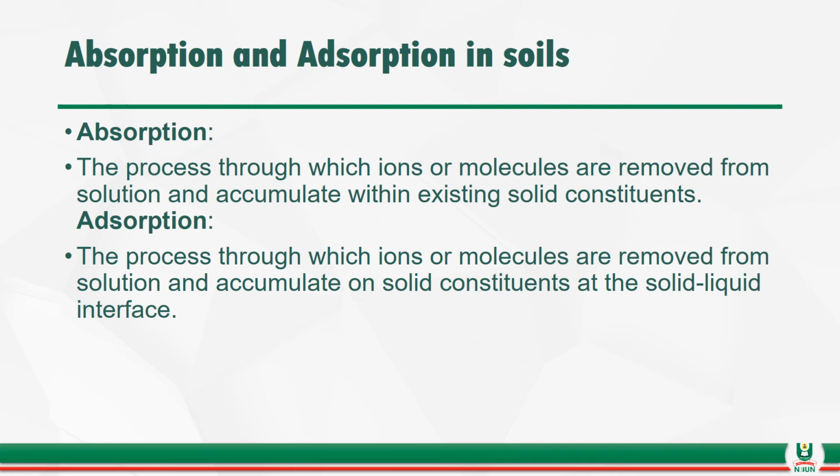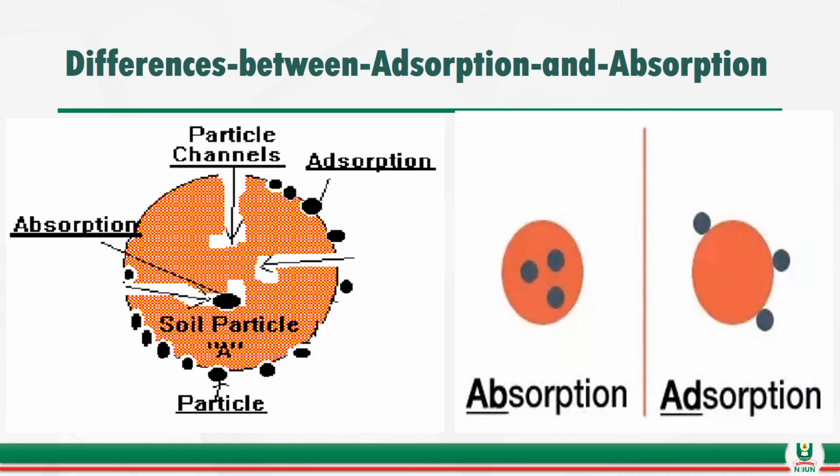Absorption and adsorption in soils: the difference. Absorption is the process through which ions or molecules are removed from the solution and accumulate within existing solid constituents. Adsorption is the process through which ions or molecules are removed from the solution and accumulate on solid constituents at the solid-liquid interface.